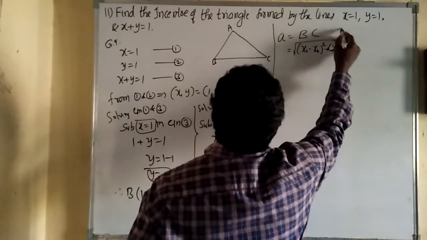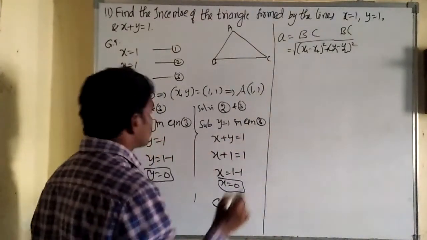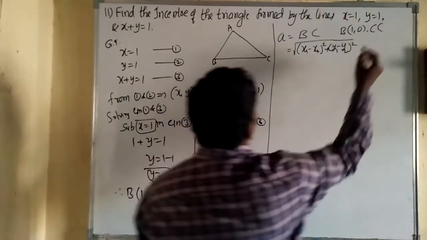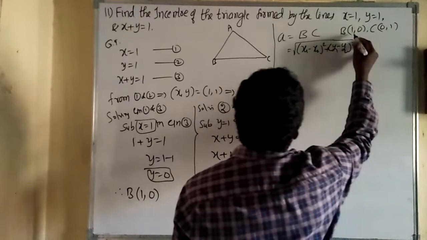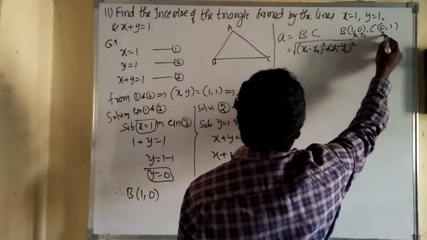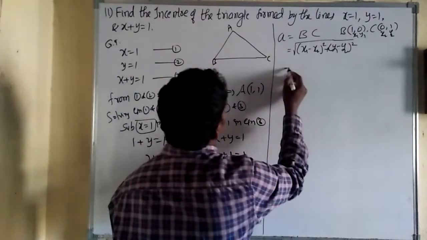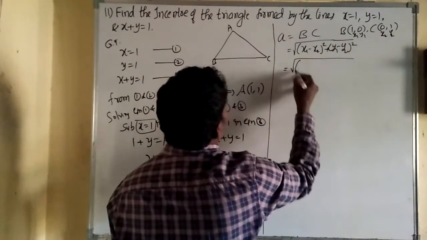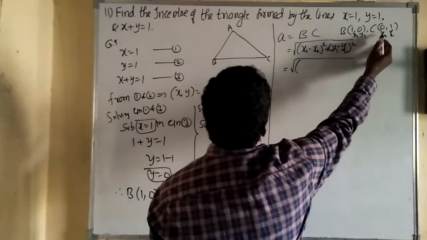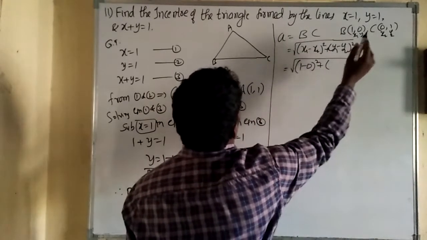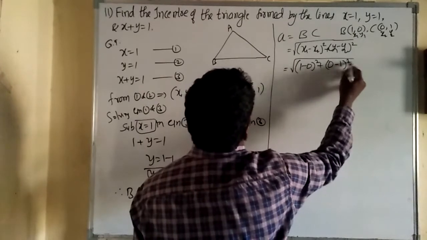So here what is B? B means 1 comma 0. C means what? 0 comma 1. So this is taken as x1 y1, this is taken as x2 y2. Substitute those values and find the distance a. So which is equal, x1 means 1 minus x2 means 0, (1 minus 0) whole square plus y1 means 0, y2 means 1, (0 minus 1) whole square.